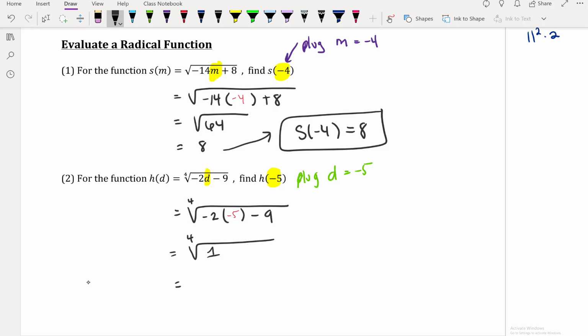Well, if I have any root of 1, doesn't matter if it's 4 or 5 or 10 or 100, 1 times 1 is always going to equal 1. So 1 times 1 times 1 times 1 is going to give me 1. So my final answer, you say h of -5 is equal to a positive 1. And that's going to be my final answer.